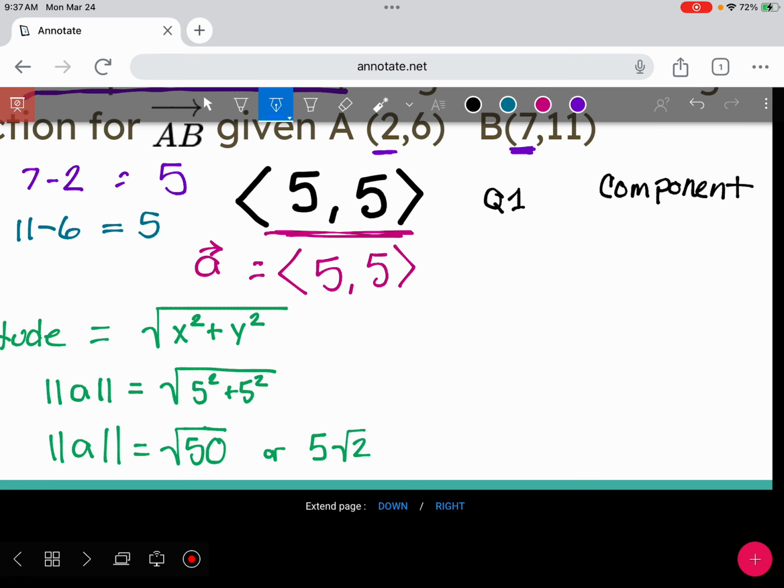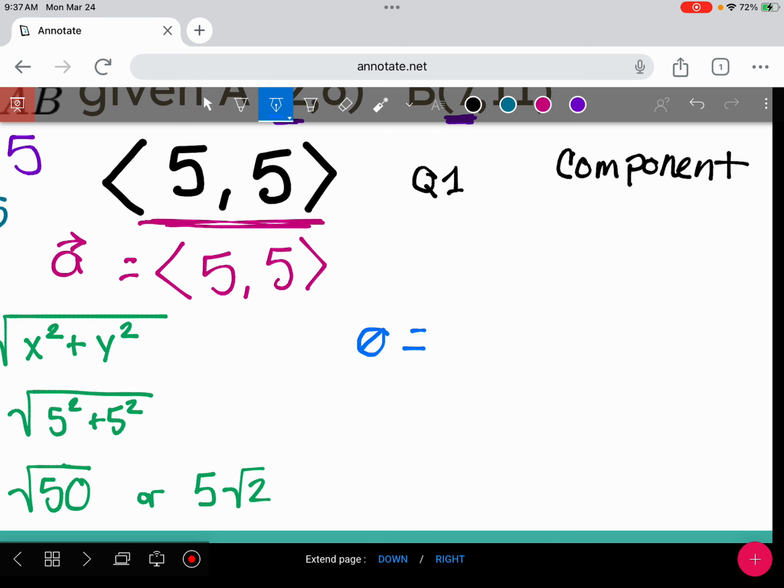Then we're going to find our angle, our direction, theta. And our formula for that is our arctangent of y over x.